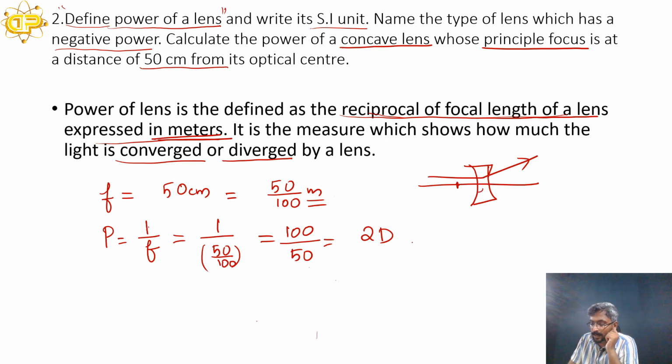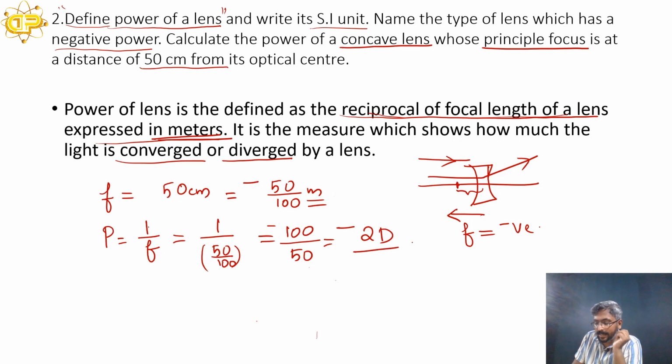If I calculate the focal length, its direction will be in this direction, which is opposite to the incident ray direction. So the focal length will have a negative sign. So here also a negative sign should be given, that is -2 diopter. Why? Because it is a concave lens. I hope that you are getting the points.